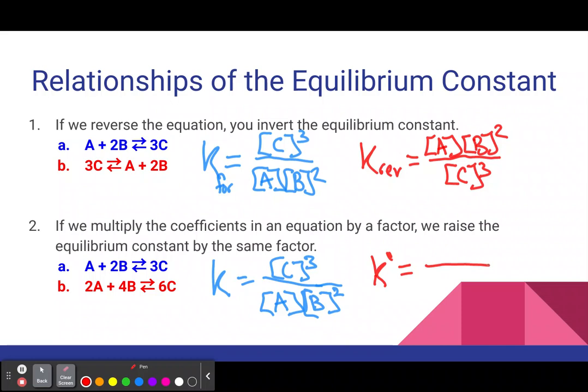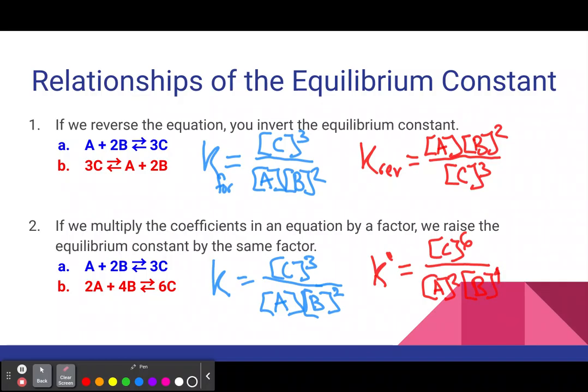It's slightly different now. So if that's the case, I raised my equation by a factor of 2. So C, I'm going to raise to the 6th power. A, I'm going to raise to the 2nd power. And then B, I'm going to raise to the 4th power here. Okay.